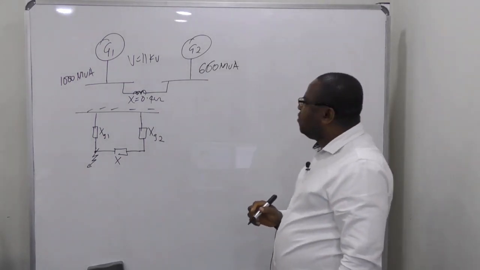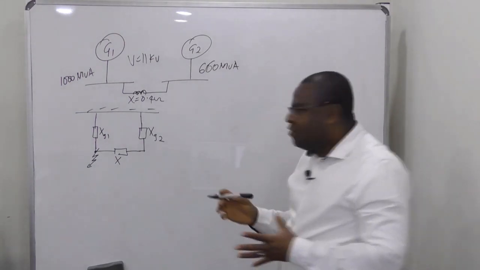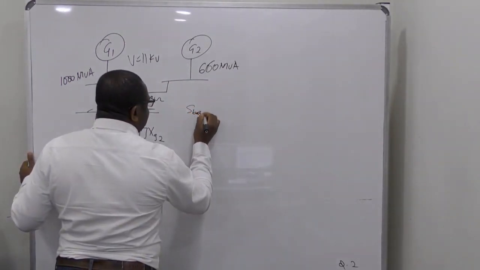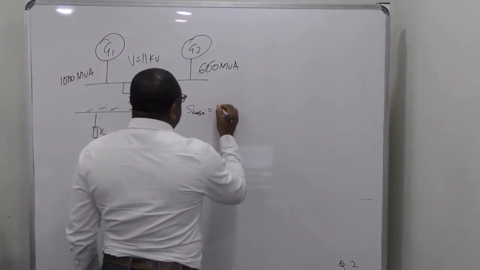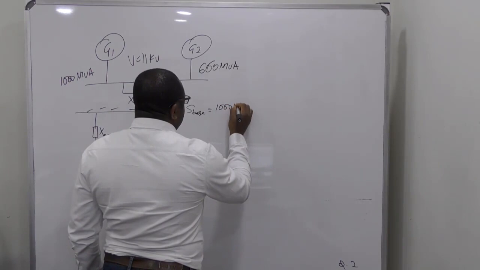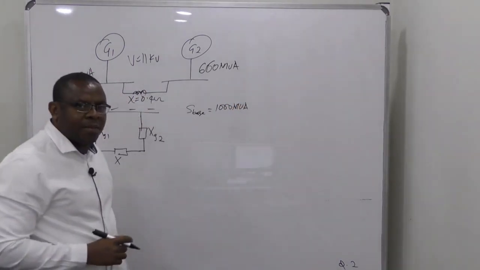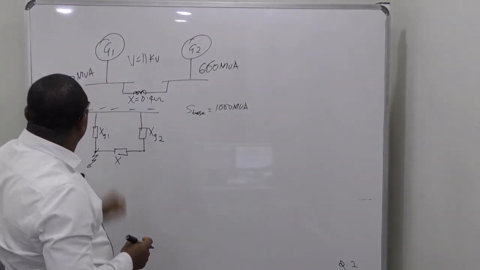For me to do that, let's look for a base value, S base. Just choose any base. Let's assume S base is 1000 MVA. I need to get the impedance of this generator.